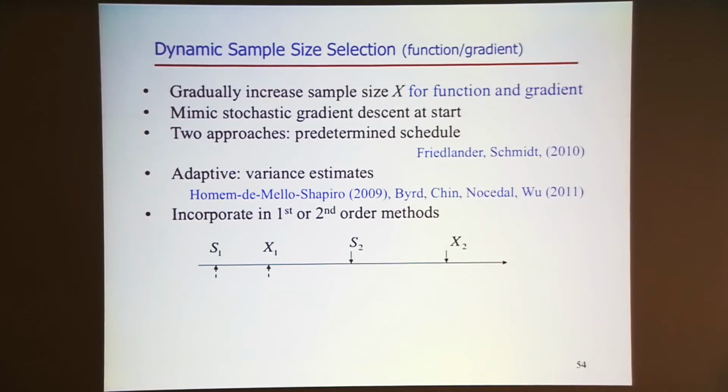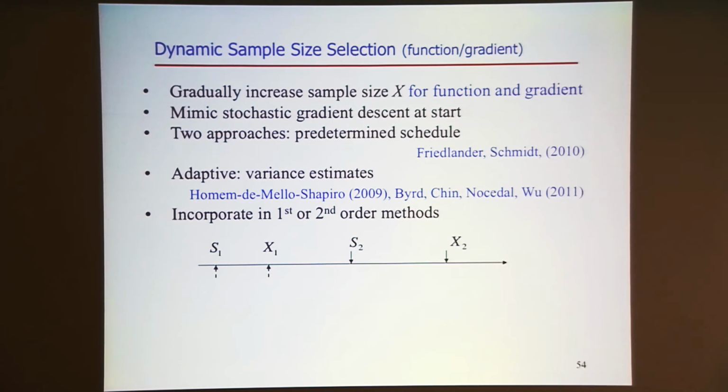How about if we start with a very small sample for the function and gradient, an even smaller sample for the Hessian, and keep increasing, start doing the optimization, and keep increasing both sample sizes as needed? Isn't that going to be more effective? I don't have to do a very good optimization towards the beginning. I only need to do accurate optimization towards the end. And I should be able to save a lot of work if I do this properly.